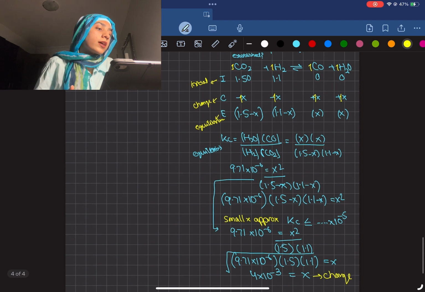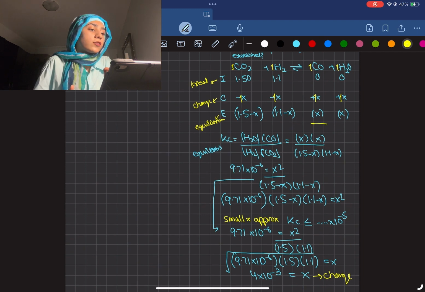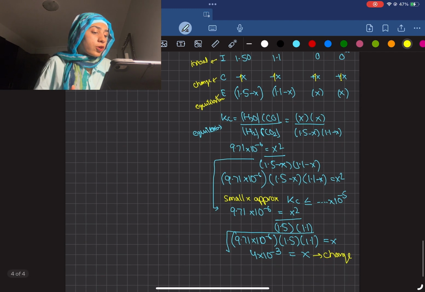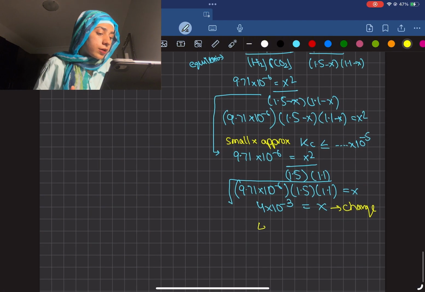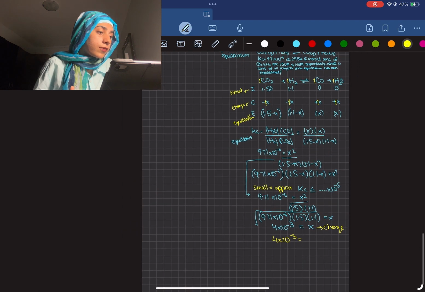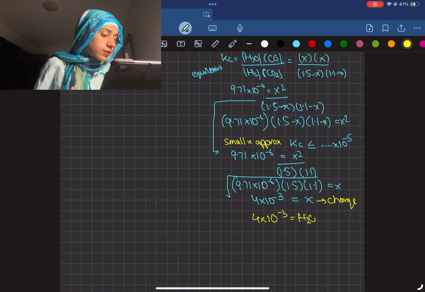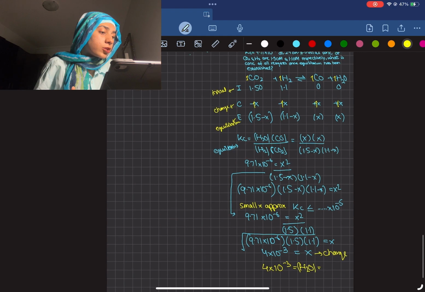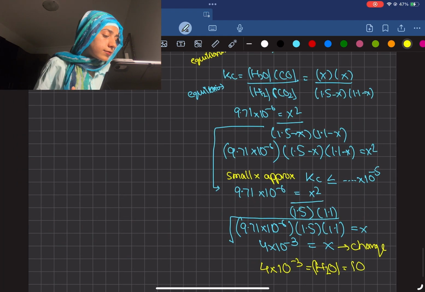If I look at carbon monoxide and water, they both are x, so that means that I have 4 times 10 raised to the power negative 3 of H2O concentration, and I also have that much of carbon monoxide.